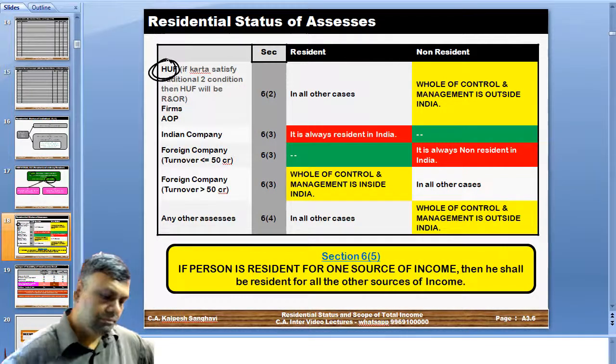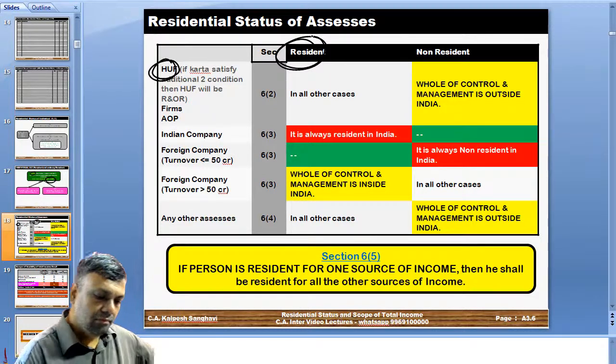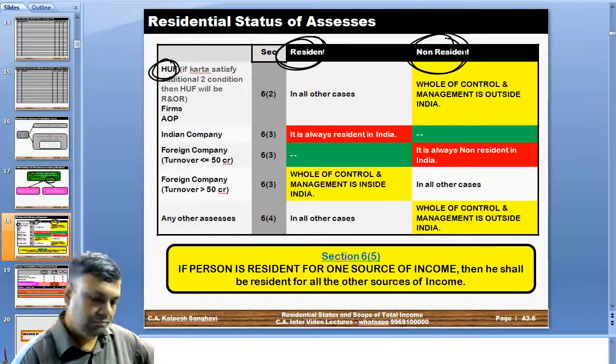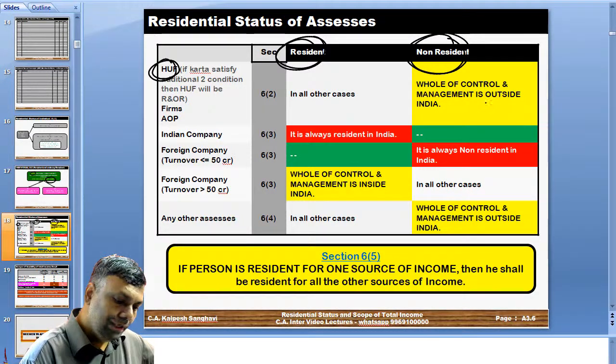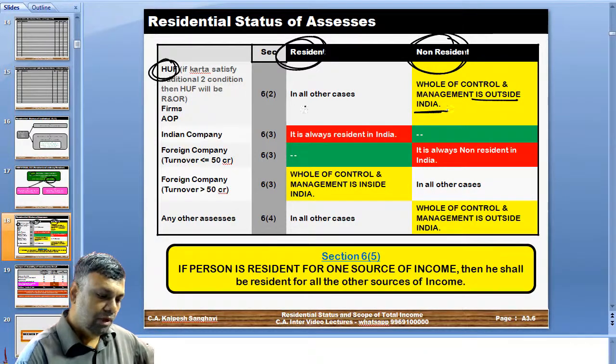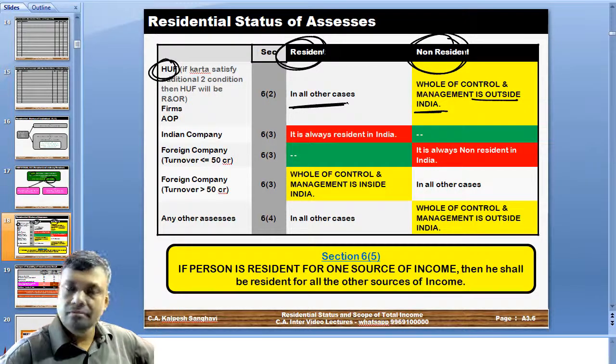And here is HUF. HUF will be resident or HUF will be non-resident. That's a test. If the whole of the control and management is outside India, it will be non-resident. In all other cases, that means if it is wholly or partly inside India, you are going to be resident.